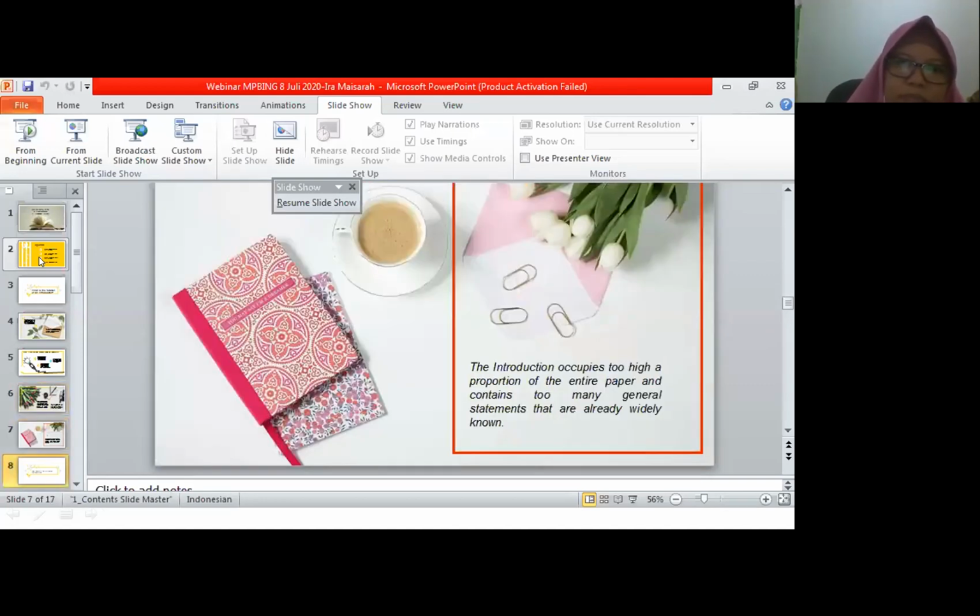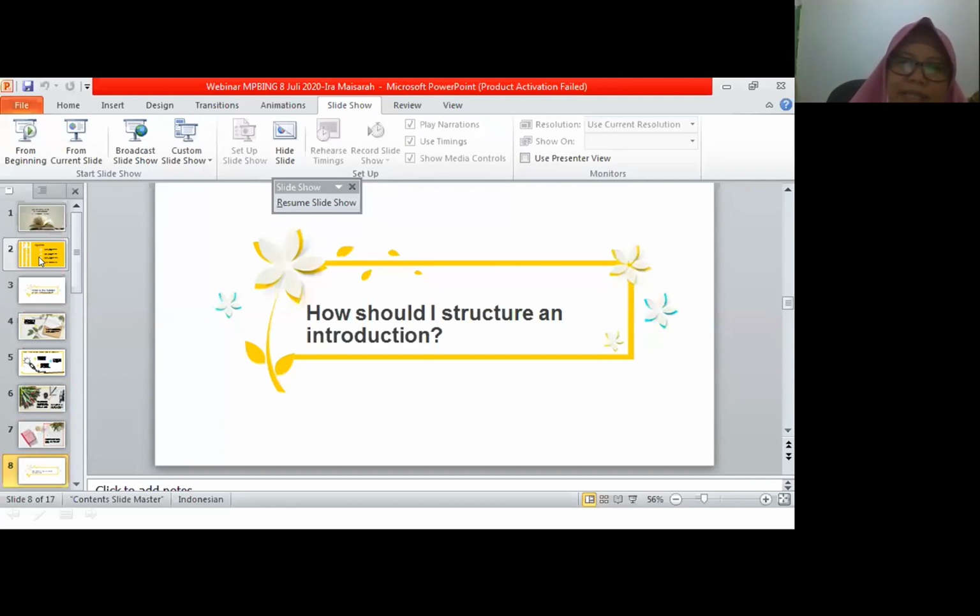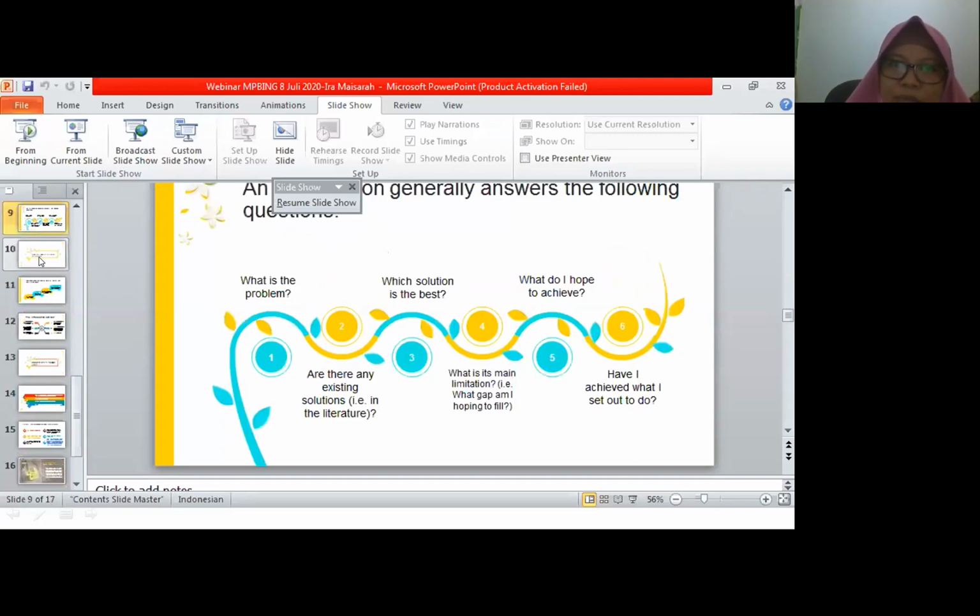And it is quite different when we write an introduction in an article, in a thesis, and in a dissertation. So how should we structure an introduction? The first one, we have to know first what the problem is.